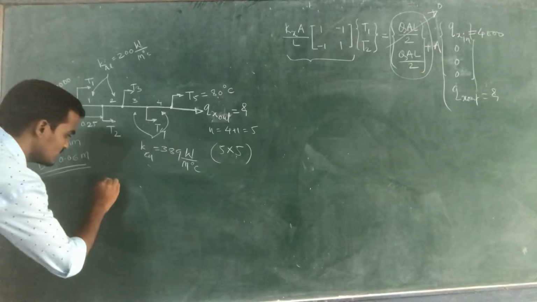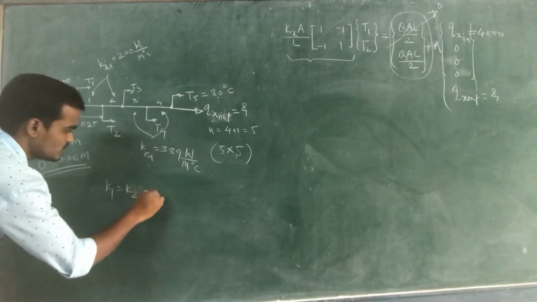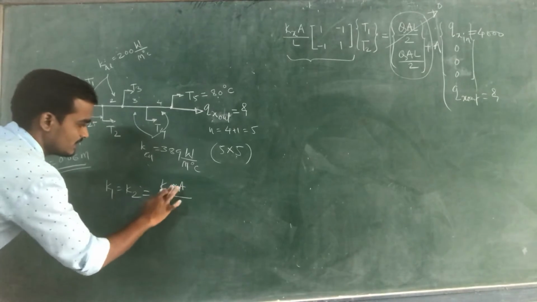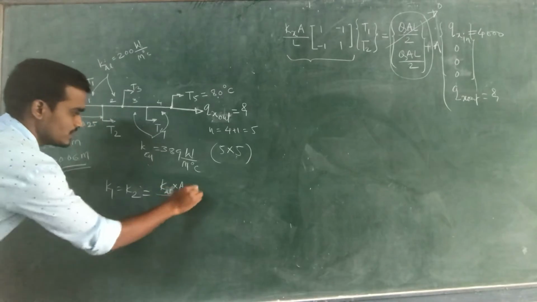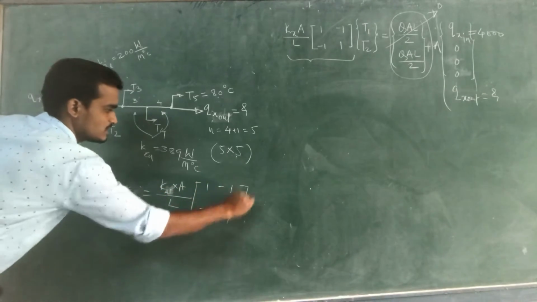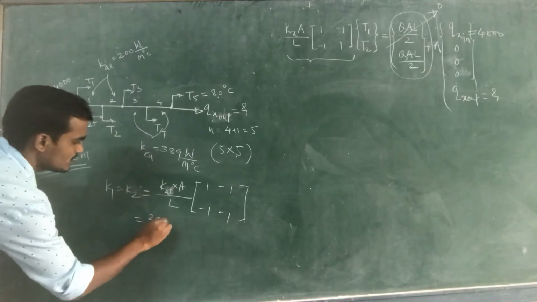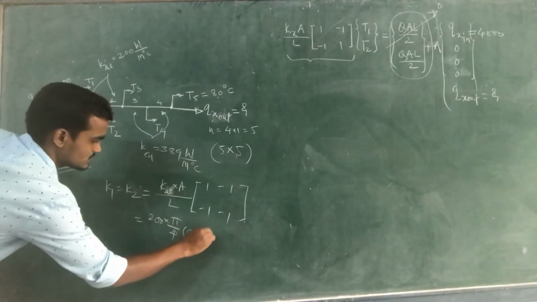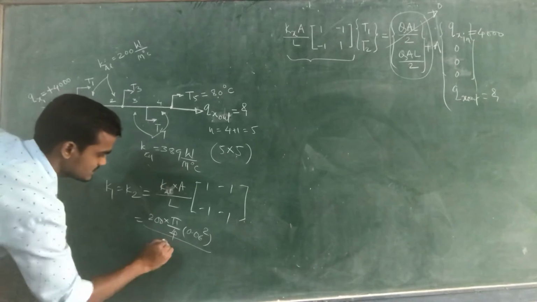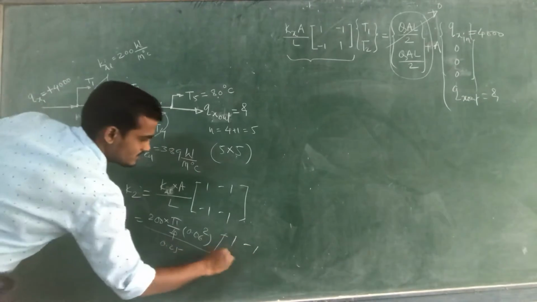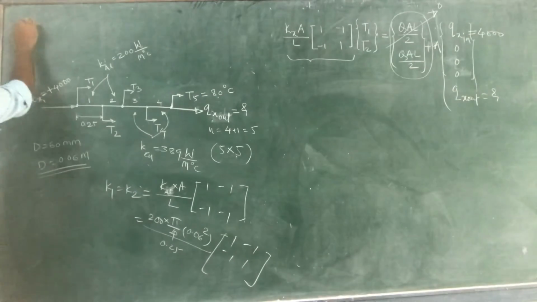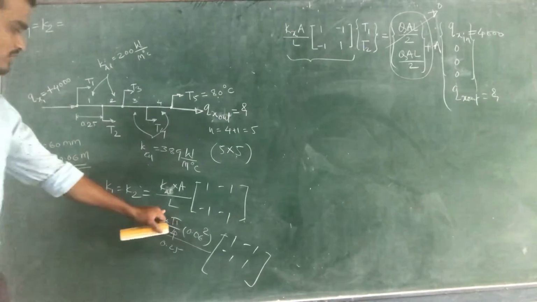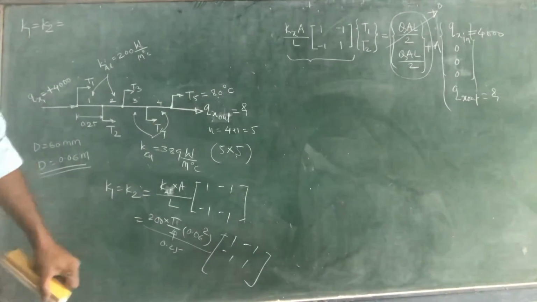So for the first and second element, we will get K1 is equal to K2 is equal to K aluminium into area divided by L, into the matrix 1, minus 1, minus 1, 1. So you will get K aluminium is equal to 200 into pi by 4 d square, where d is 0.06, square, divided by length 0.25, into the matrix. For the first and second element, if you calculate this value you will get, I think, 2.26.